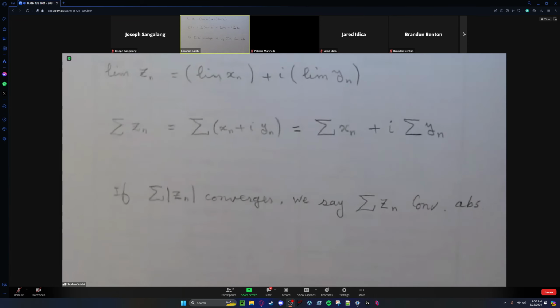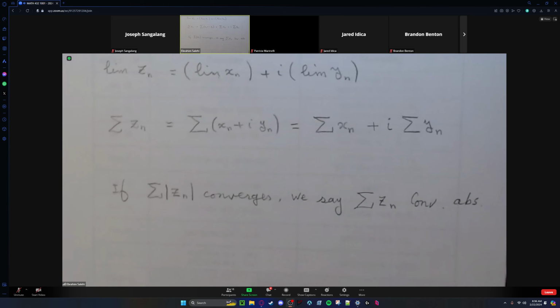Now, what happens if a series converges absolutely? Look, the modulus of Zn is the square root of xn, the real part squared, plus the imaginary part squared, which is bigger than or equal to the absolute value of the real part, or the absolute value of the imaginary part, right?